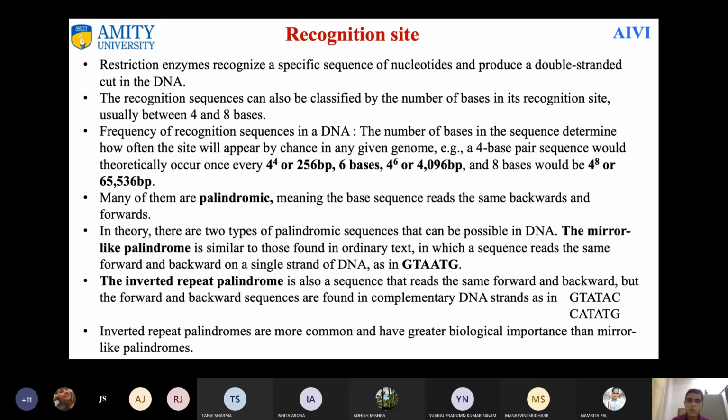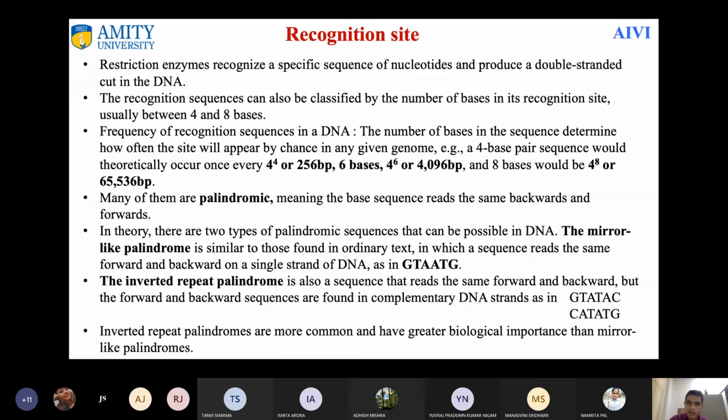So there are two types of palindrome. One you call the mirror palindrome. It's the same sequence that you are referring to. Example, if you see here, this sequence is written G T A T G. Okay, so what we can do, I'm taking a pen.